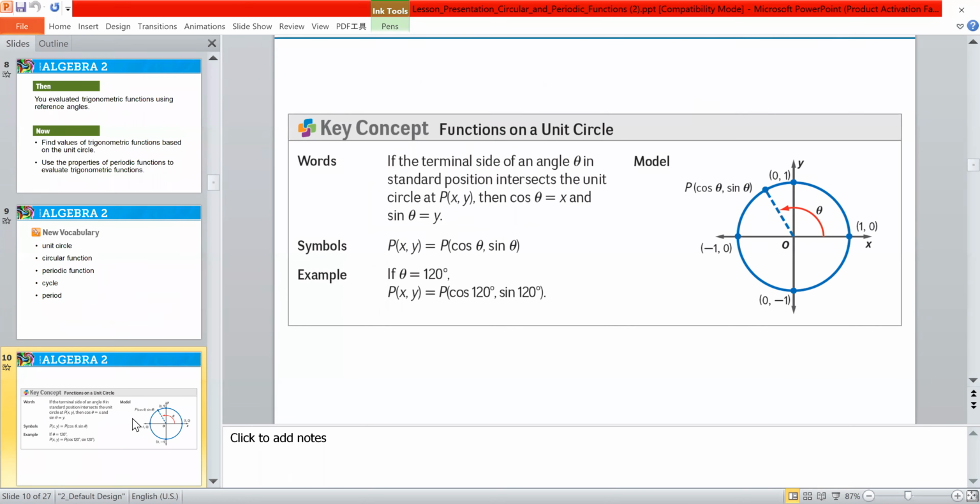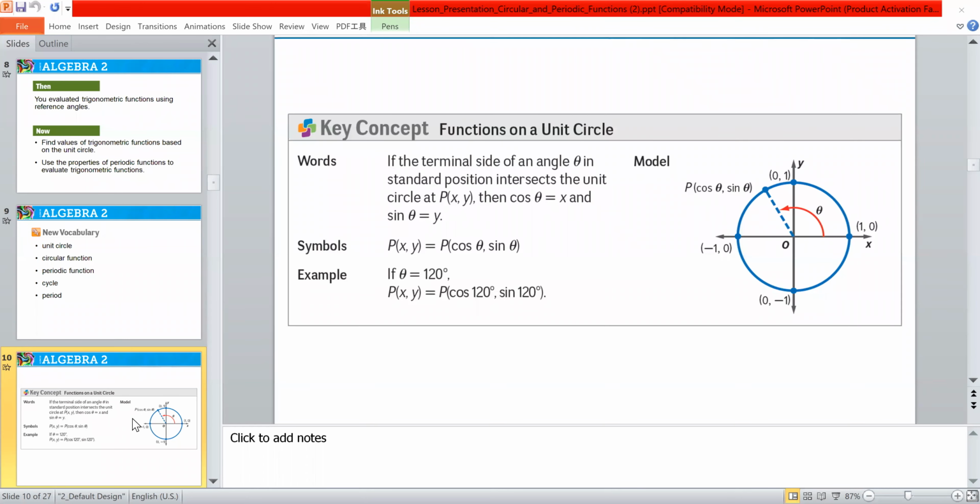The first idea for the lesson is talking about the unit circle. What is the unit circle? The unit circle is a circle that its radius is one.